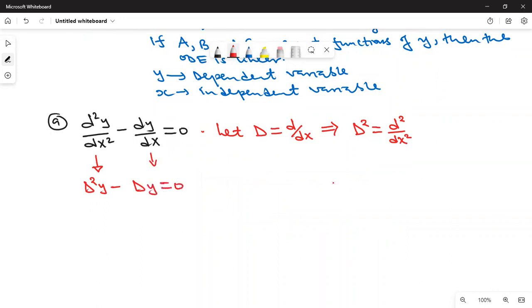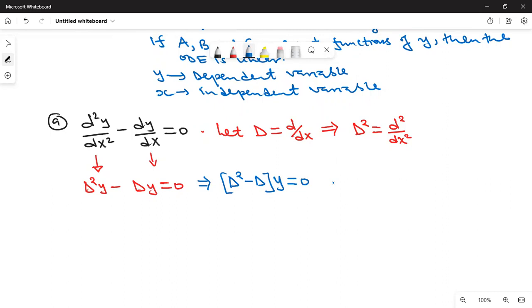When you look at the left-hand side, you realize that y is common. So that can be factored out so that we have D squared minus D. This is an operator operating on the function y to give us 0. So to solve this equation, we need a non-trivial solution.